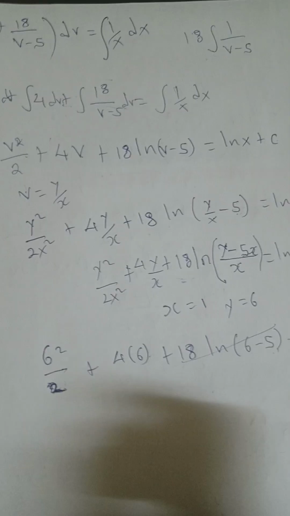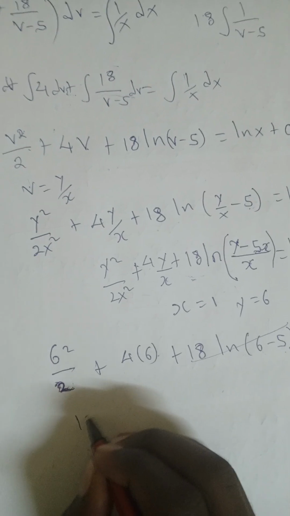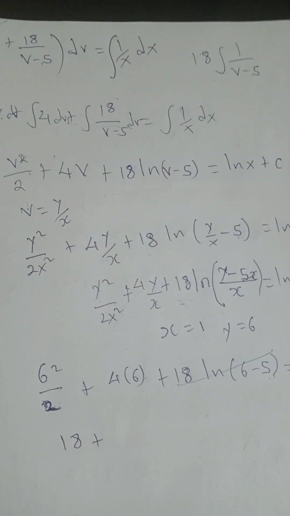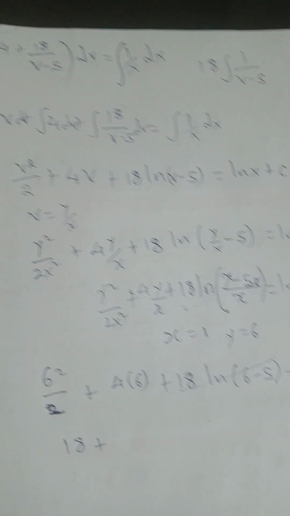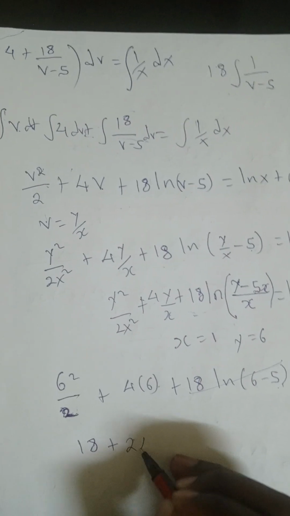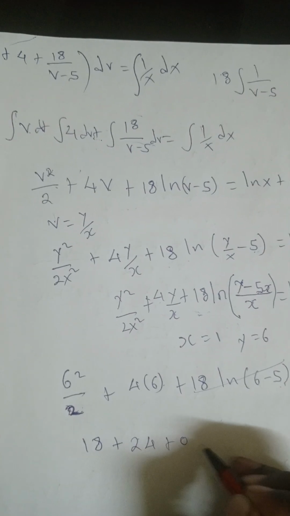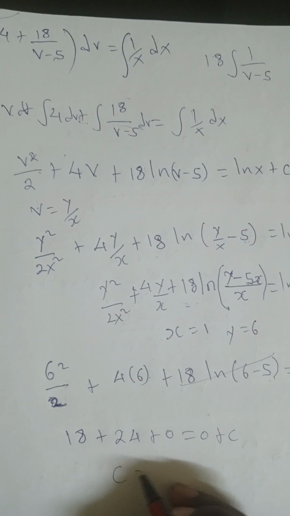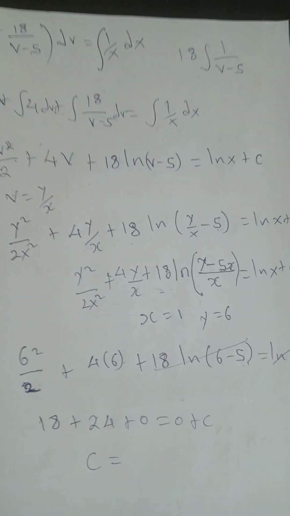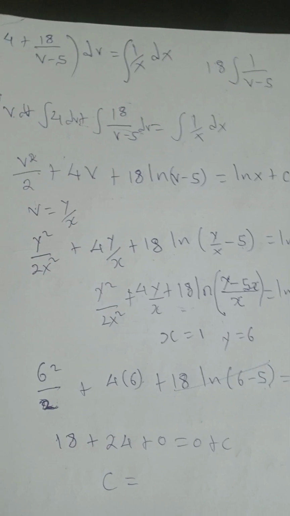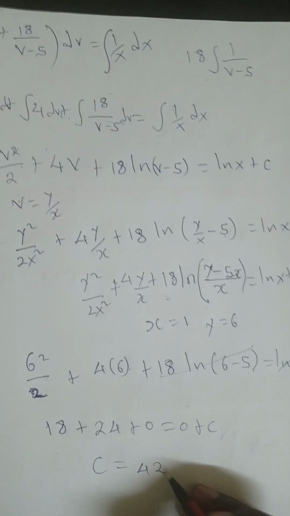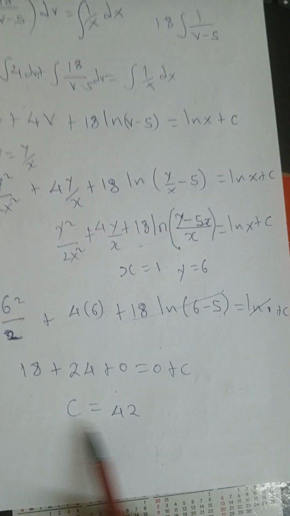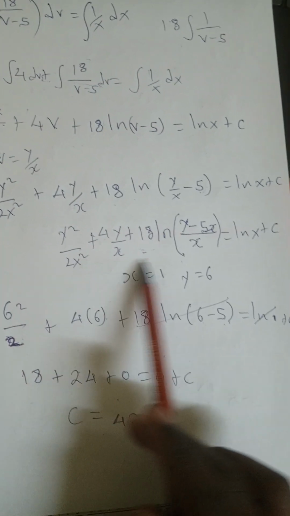So 6 squared divided by 2 is 18. Then 4 multiplied by 6 is 24. Plus 0, equal to 0 plus c. So now we can just say c is equal to 18 plus 24. 18 plus 24, which is what? Which is 42.